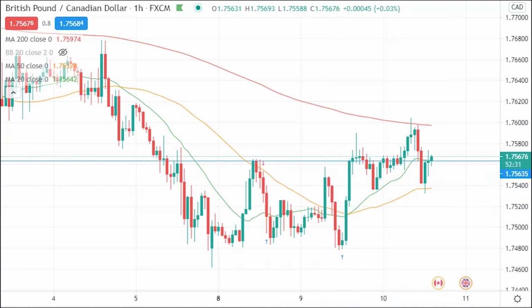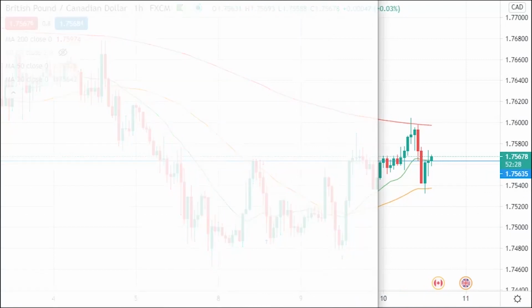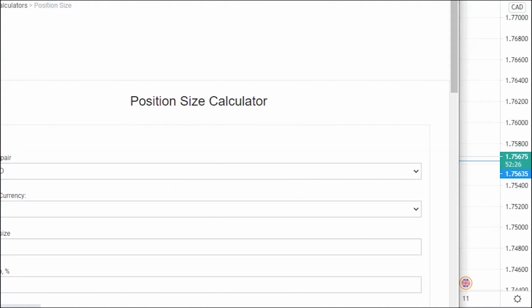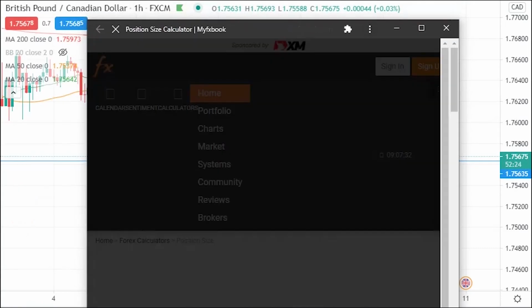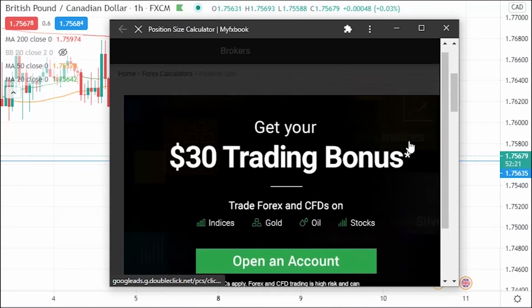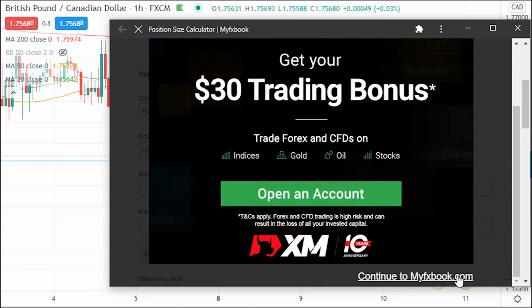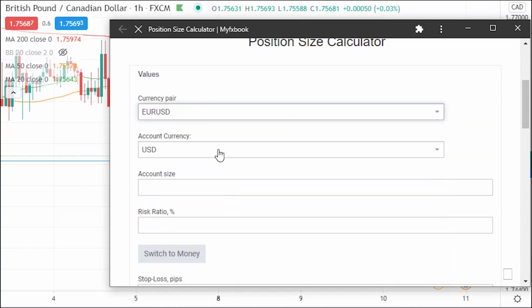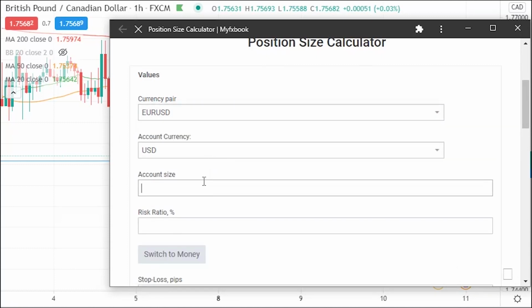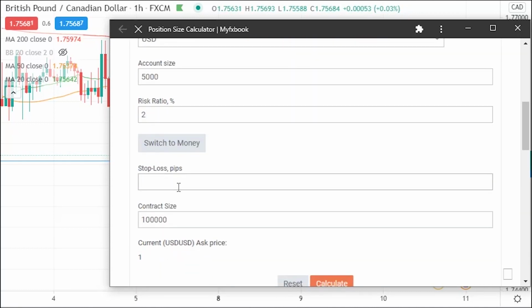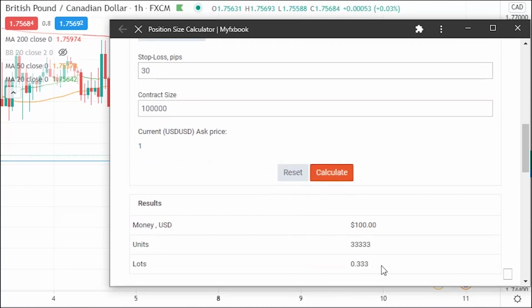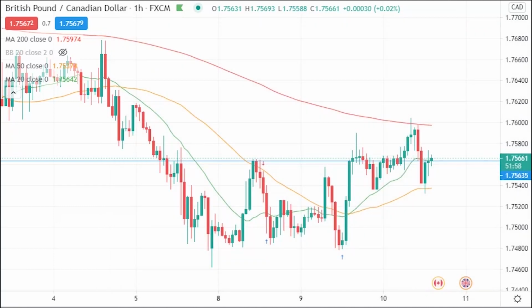There are great tools, like the position size calculator, where you can type in your account size, your risk ratio, and how many pips away your stop loss is, and it'll tell you to buy that many units or that many lots. But I do mine in TradingView.